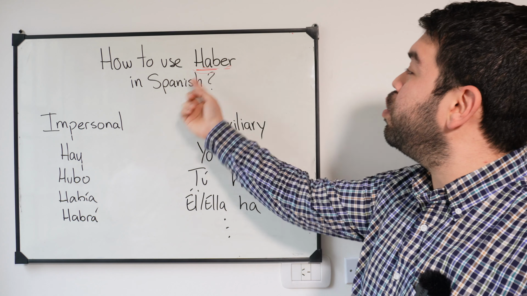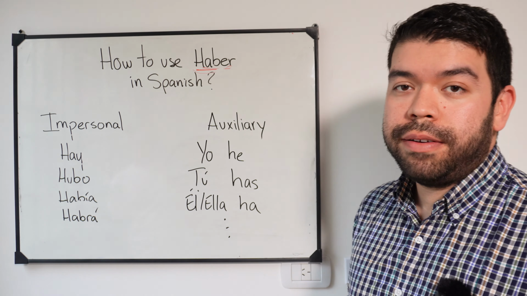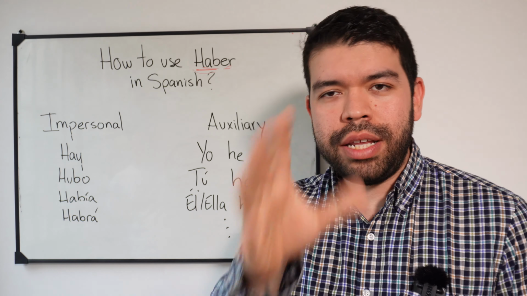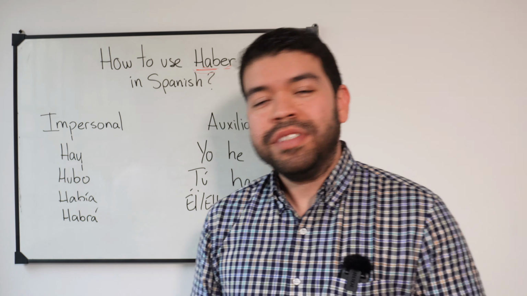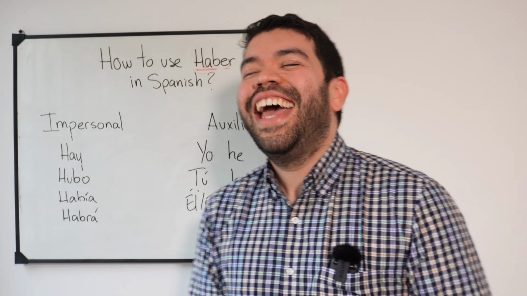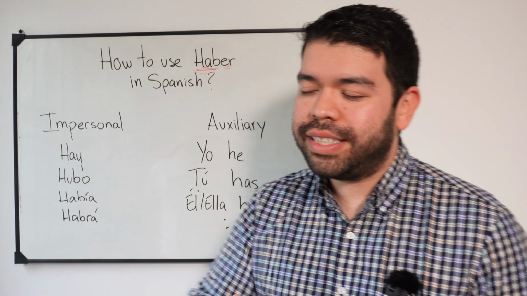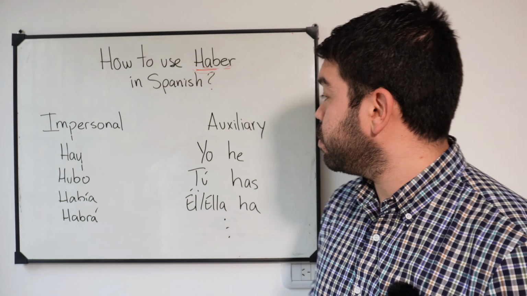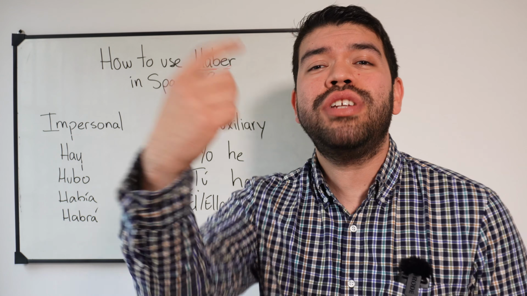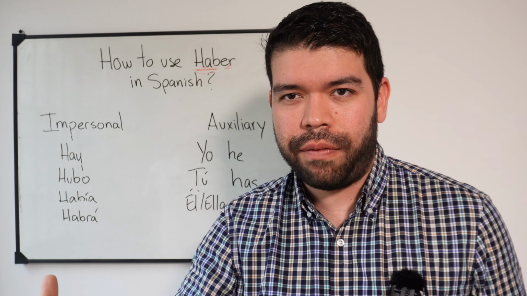Okay, so now let's go and analyze how to use the verb haber as an auxiliary. And first, we need to clarify. An auxiliary is basically helping you in a structure, in a sentence, and you have them in English. It is basically giving you information about the tense, about the structure itself.